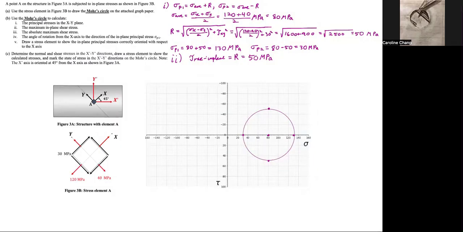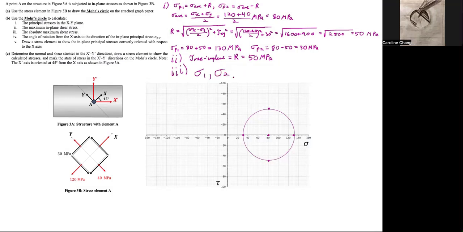So what about part 3, finding the absolute maximum shear stress? Well, this is coming from our out-of-plane Mohr circle, because we have to remember that this is a 2D problem over here, and thus there are only two principal stresses, or as we usually call them, sigma 1 and sigma 2.